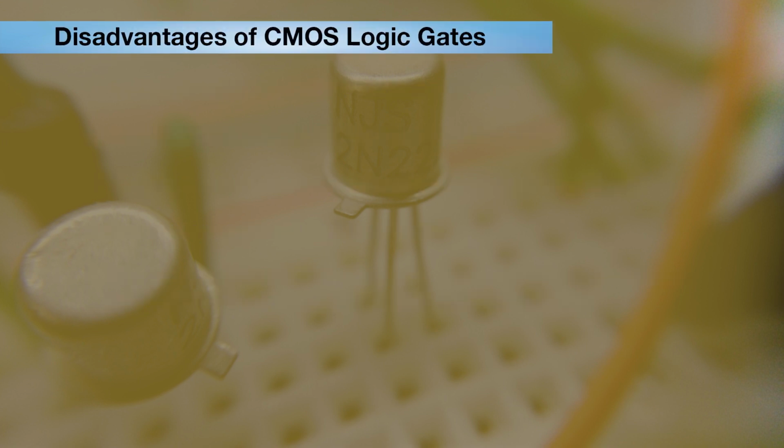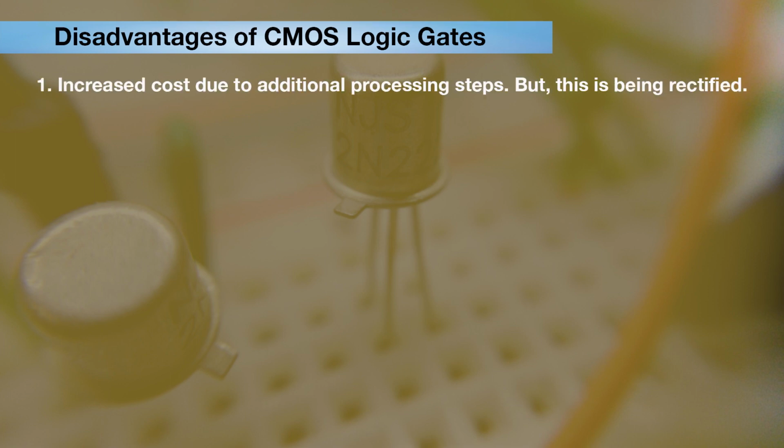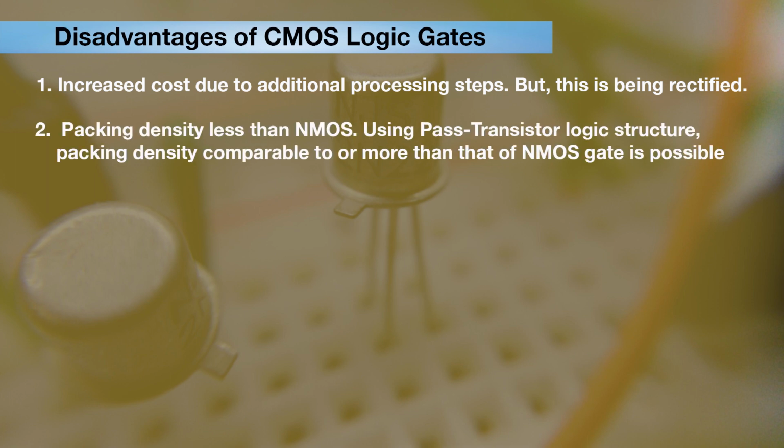Disadvantages of CMOS logic gate: increased cost due to additional processing steps, but this is being reduced. Packing density is less than NMOS, but using pass transistor logic structure, packing density equal to or more than the NMOS gate is possible.